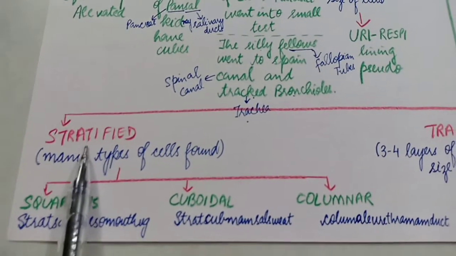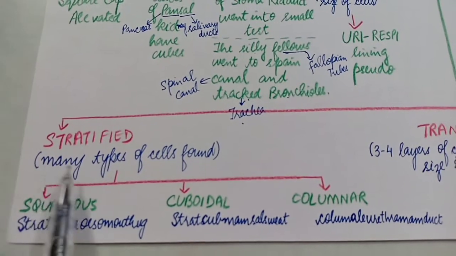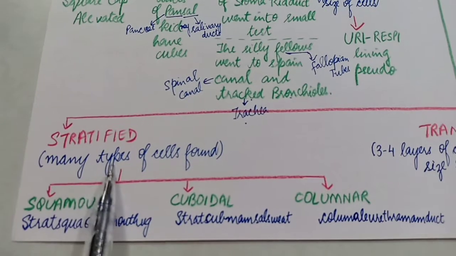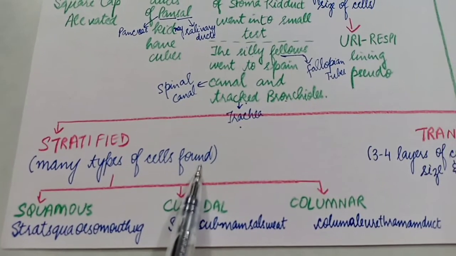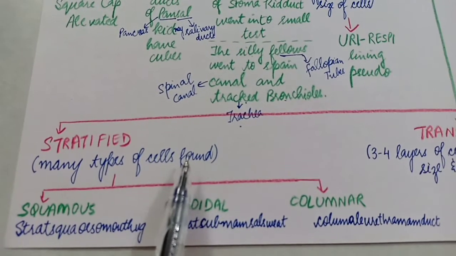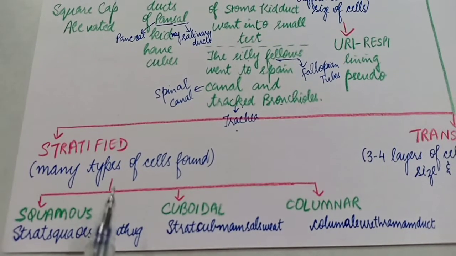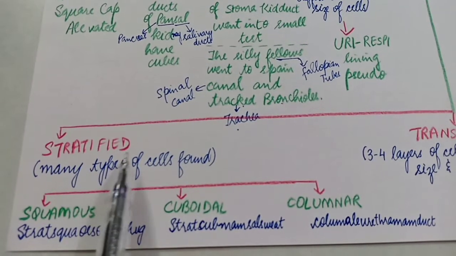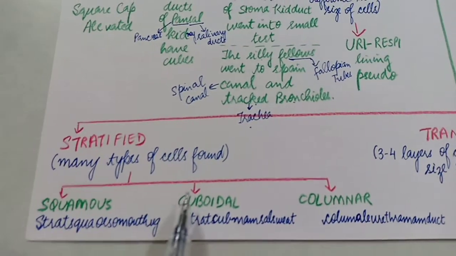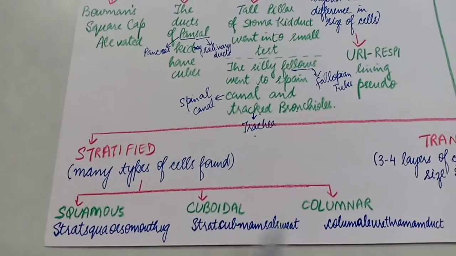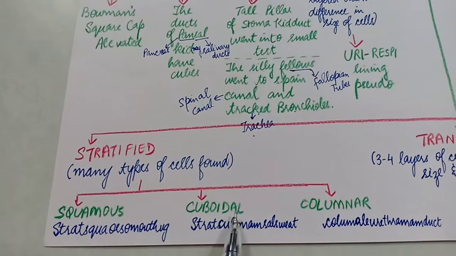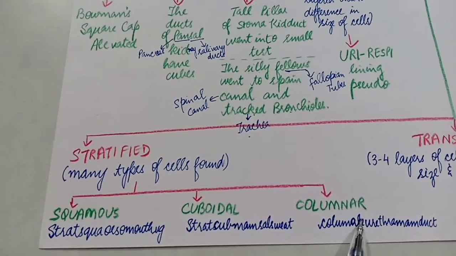Strata means layers. Okay, so stratified means many types of cells are found, obviously in layers. And these stratified compound epithelial tissues are further classified into three subtypes: squamous, cuboidal, columnar.